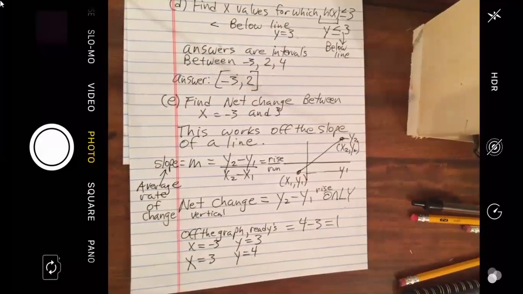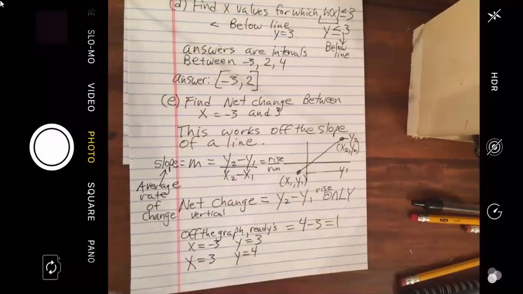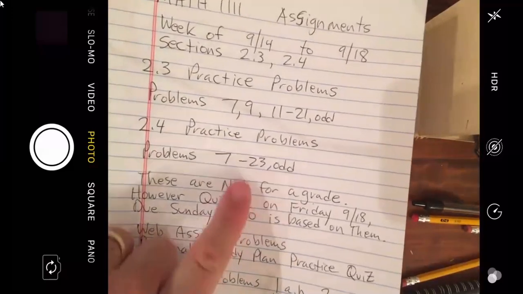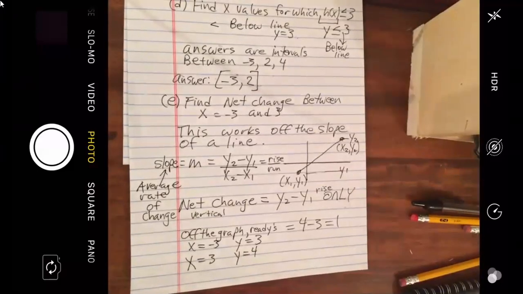Okay, 9 is pretty similar. And then if we look at the assignments, for 2.3 we jump down to 11 to 21. So that is these two little sections right here, and they're about finding domain and range from a graph.